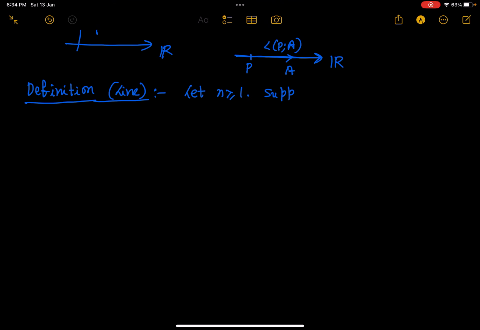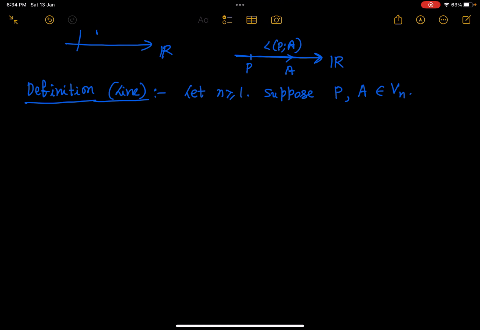Suppose P and A belong to Vn. Vn is the notation for Rn. Mainly we are trying to understand vectors or applications of vectors, so Rn is replaced by the notation Vn.